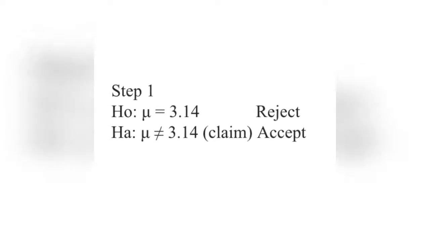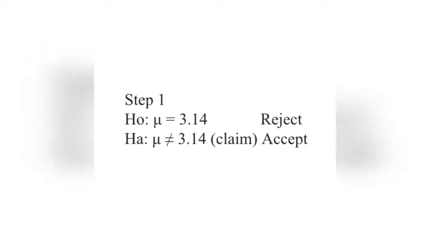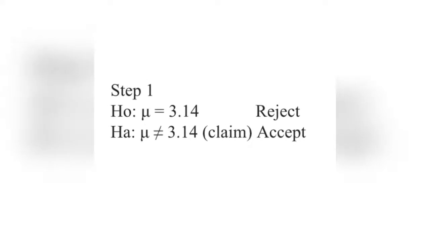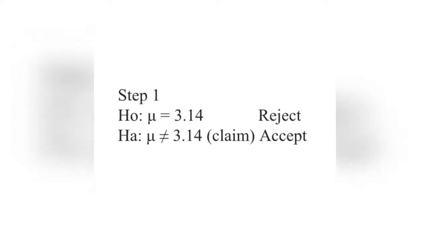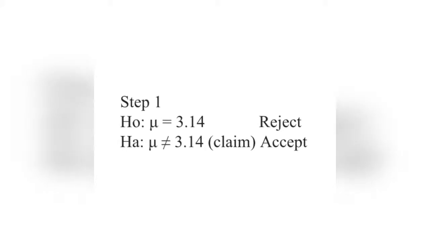We will use the equal sign since it's a two-tailed problem, because we don't have any sign of things greater than or less than other things, so we use equal. Next, the alternative or HA, the opposite of equals: mu is not equal to 3.14.